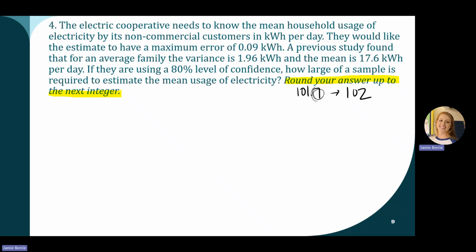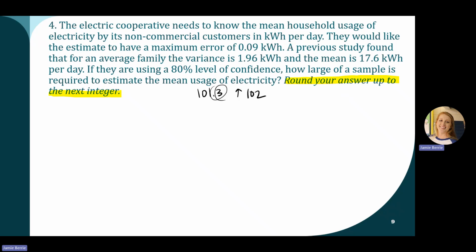They want you to totally ignore your standard rounding rules here. So even if you got like 101.3, they're saying, okay, that still represents 3/10 of a turtle that we need to sample. So let's go ahead and say we're going to sample 102 turtles.